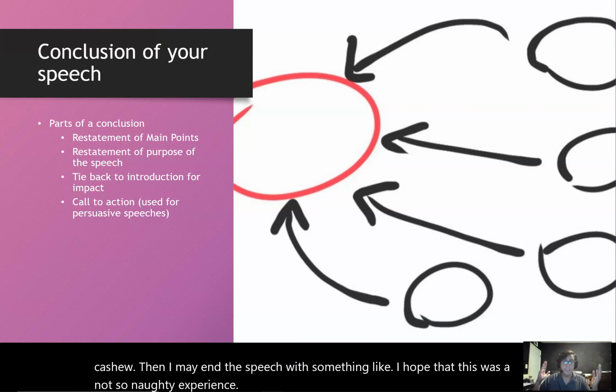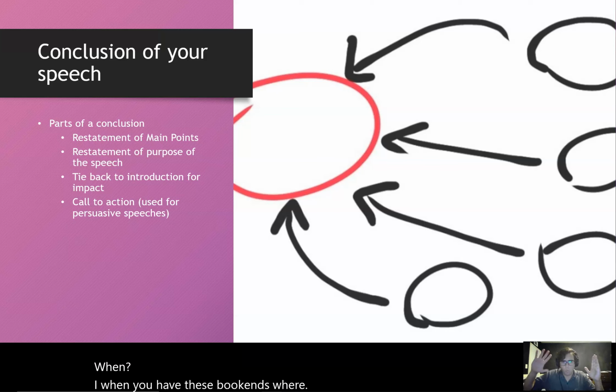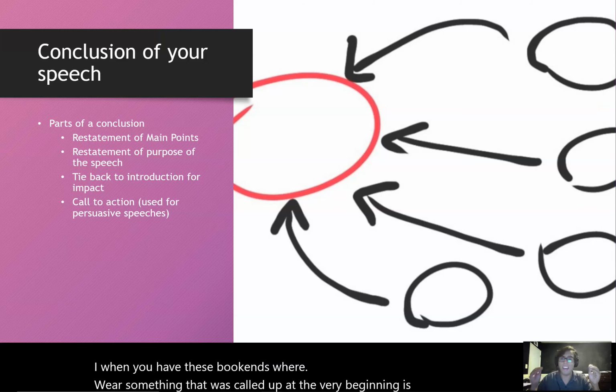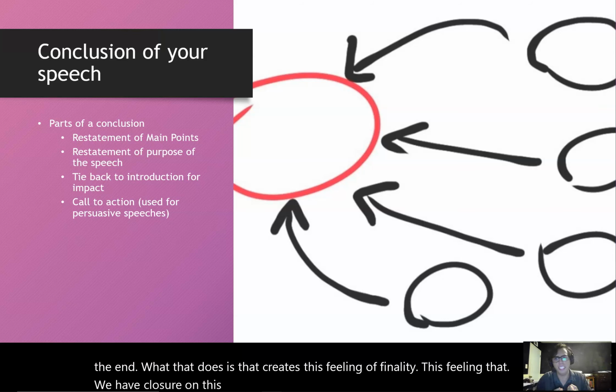Anyway, when you have these bookends where something that was called up at the very beginning is also called up at the end, what that does is create this feeling of finality, this feeling that we have closure on this topic, and that is pretty satisfying.